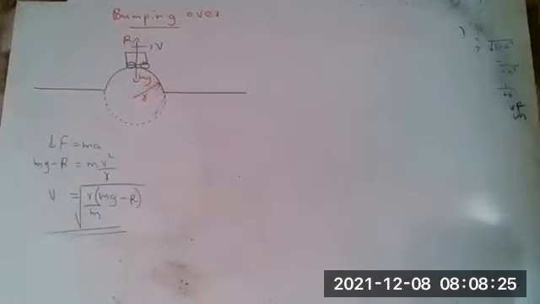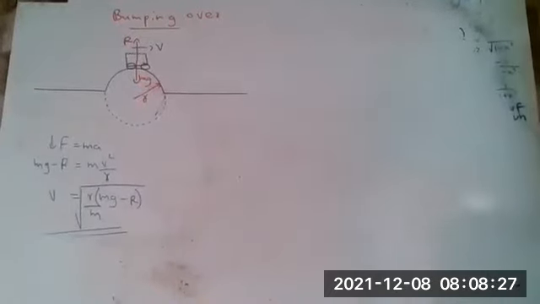Now in vertical motion, there is one important factor you must deeply take to your mind. Earlier we did the horizontal motion. In horizontal motion, the speed did not change with the position.